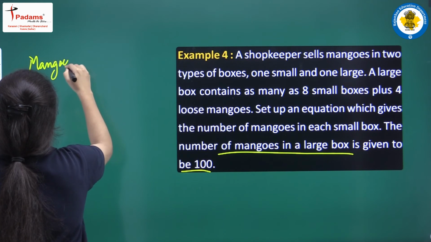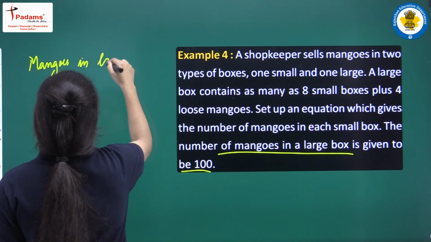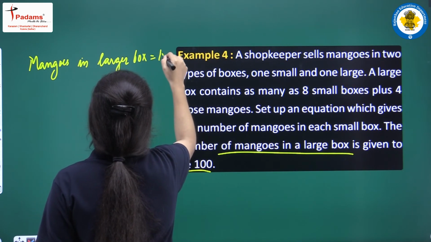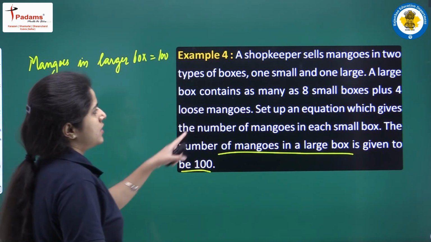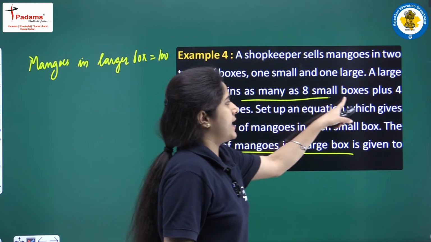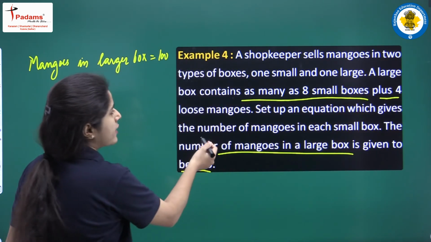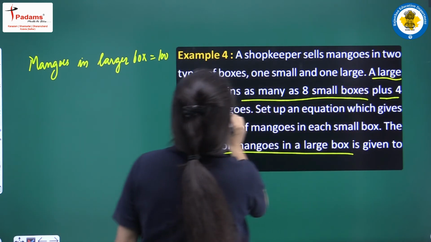Mangoes in the larger box is equal to 100. Alright students, now what you need to do: 8 small boxes plus 4, these are the mangoes that are in the large box.